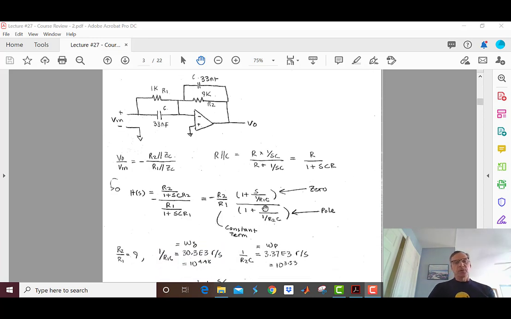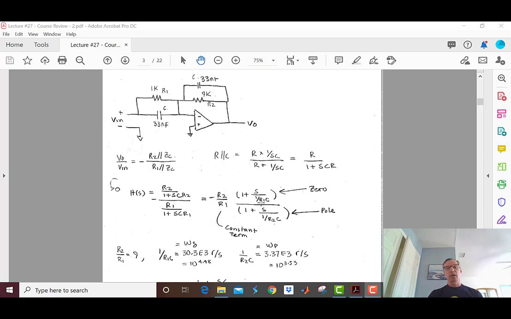So I'm going to put it in the form that I need for a Bode plot. So what is that form? I want my 1 over here. First, I'm going to get this so it's not a fraction over a fraction, and that's pretty easy. And it looks like I already have my 1 plus something.